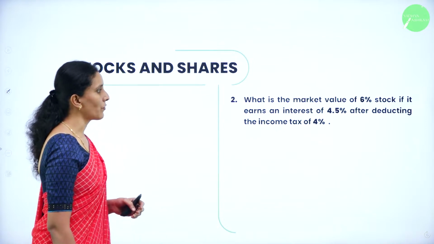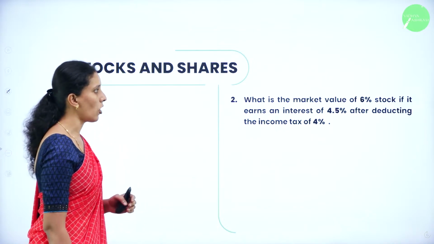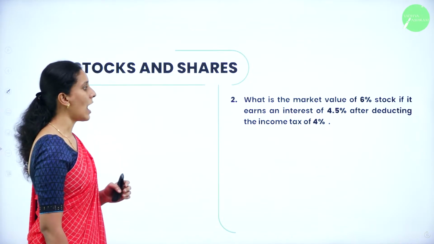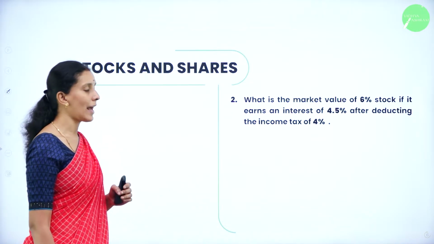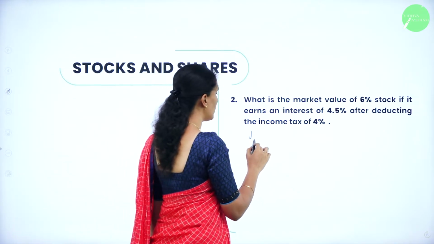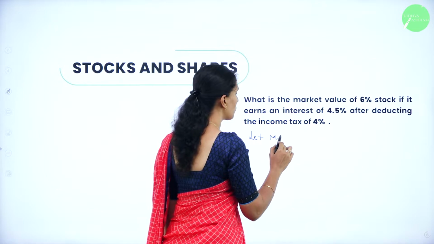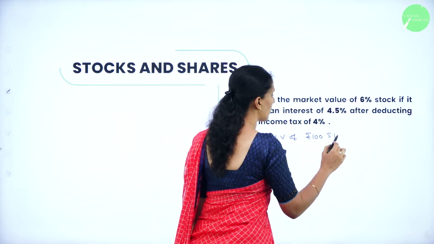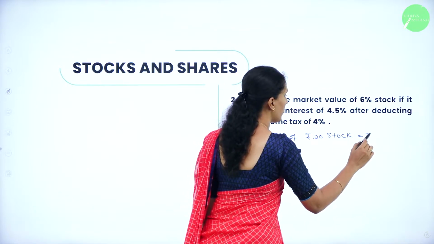Next question. What is the market value of 6% stock if it earns an interest of 4.5% after deducting the income tax of 4%? So let us take the market value. Let market value of rupees 100 stock be x.